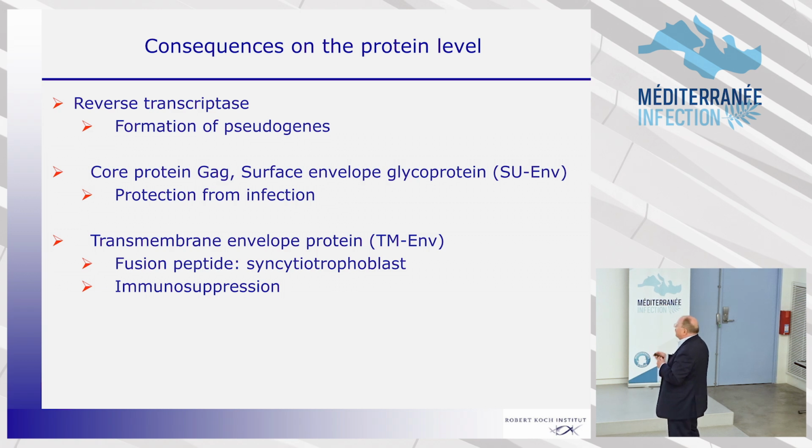And we have the transmembrane envelope protein of retroviruses, and they have two functions I will explain in detail later. The fusion peptide is important for the syncytial trophoblast in the placenta, and it is also important for immunosuppression, because all retroviruses, not only HIV-1, are immunosuppressive viruses.